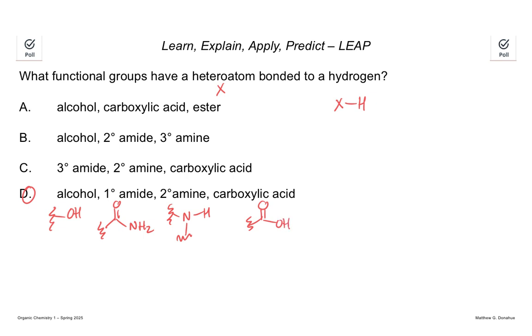So those are all functional groups that have a heteroatom sigma bonded to a hydrogen. In choice A, an ester does not. In choice B, a tertiary amine does not. And then in choice C, a tertiary amide does not.